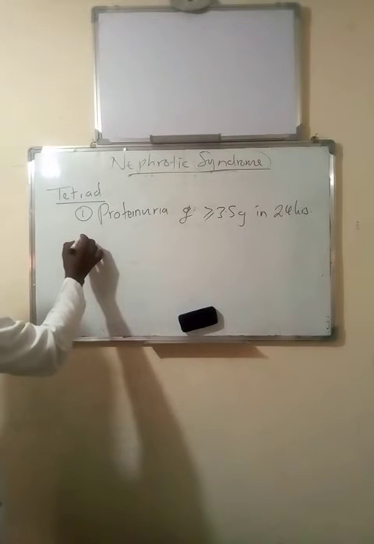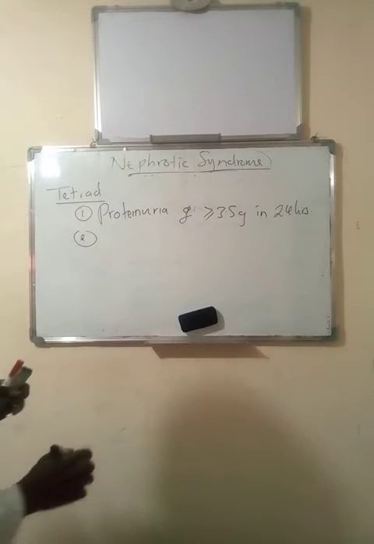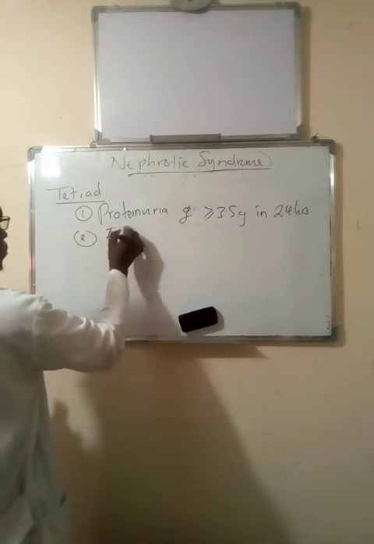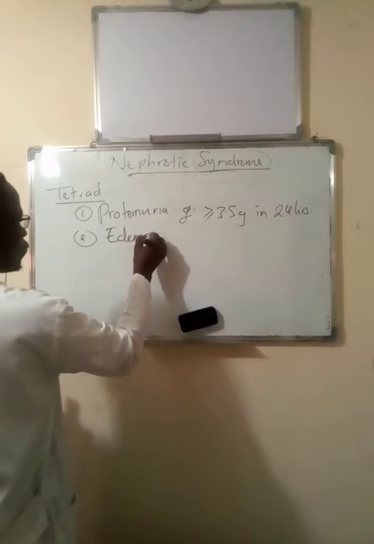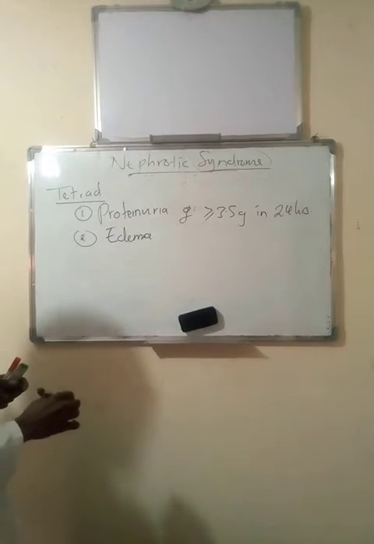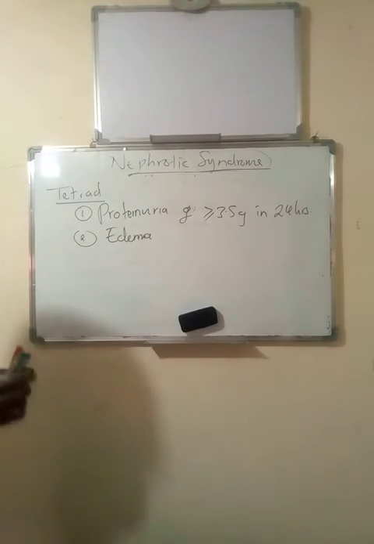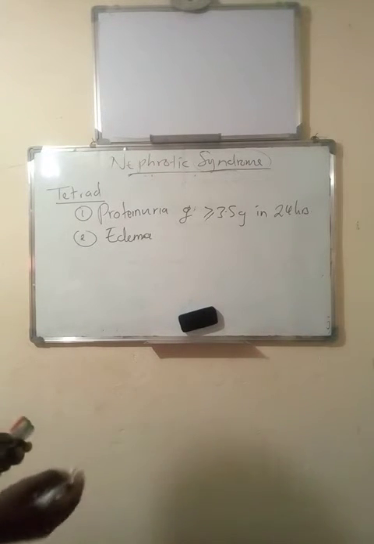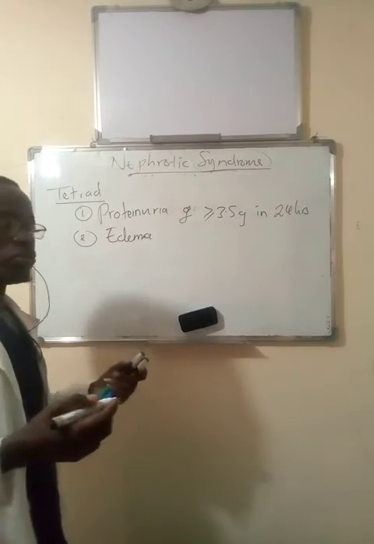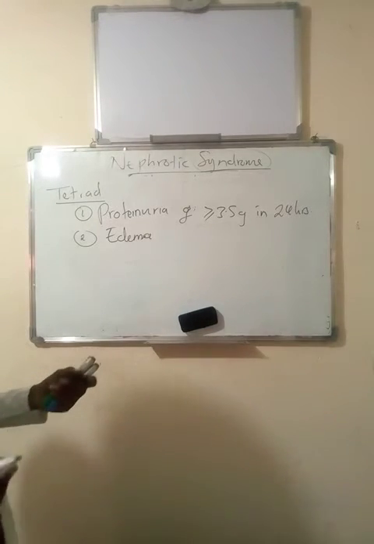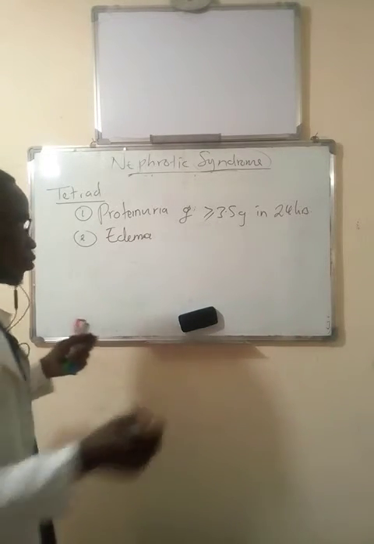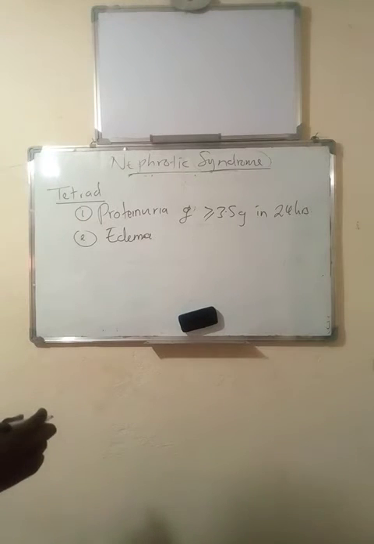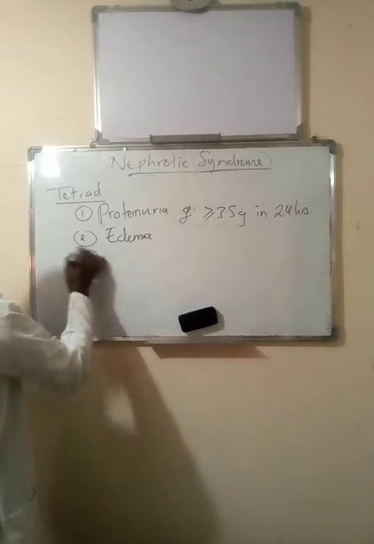Then number two, we also have edema. This edema may be peripheral edema, generalized edema, pulmonary edema, or ascites, and so on. So I'm just going to leave it in general as edema. Then number three.